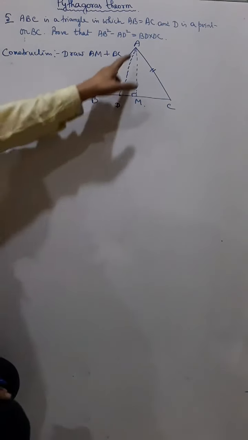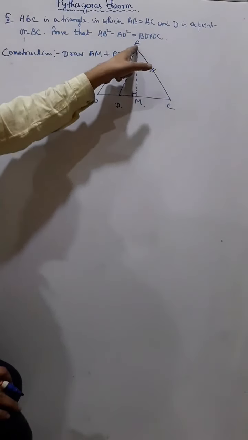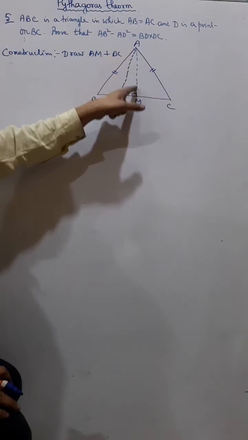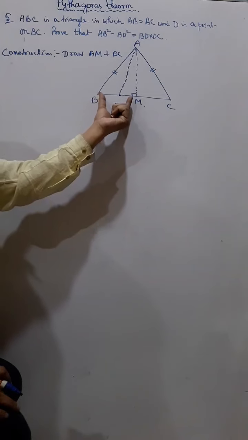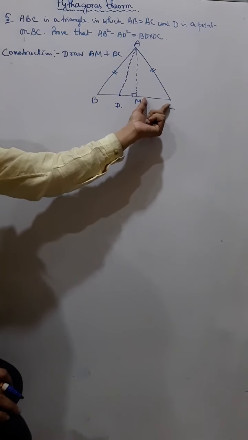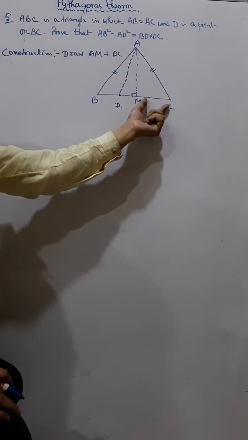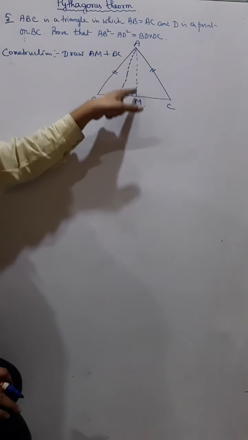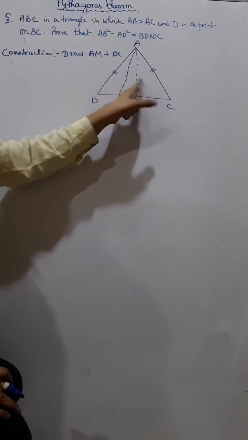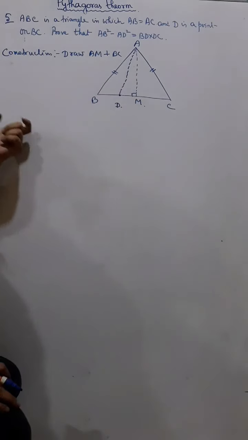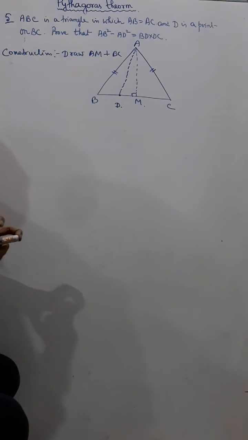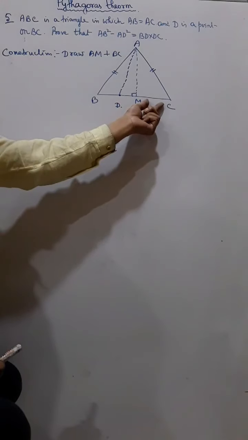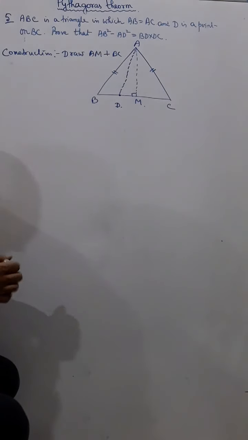Now you can understand this is an isosceles triangle, and when I draw a perpendicular, then I can say BM equals to MC, because you know this AMB and AMC, these two triangles are congruent. So first of all we have to prove that congruent, so that we can prove that BM equals to MC, because that will be required.